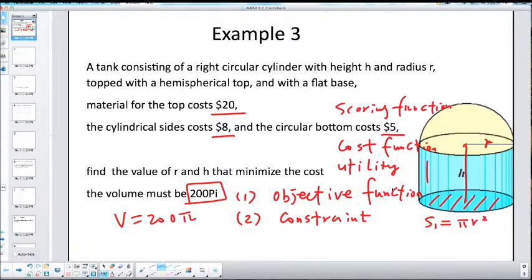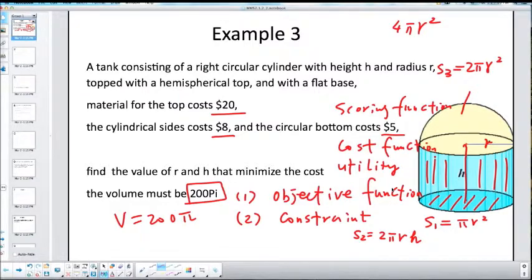And then the side is going to be 2 pi r, which is the circumference, times h. We call it S2. And the third, the dome shape, that's S3. That will be 2 pi r squared, because the surface area of a sphere is 4 pi r squared.